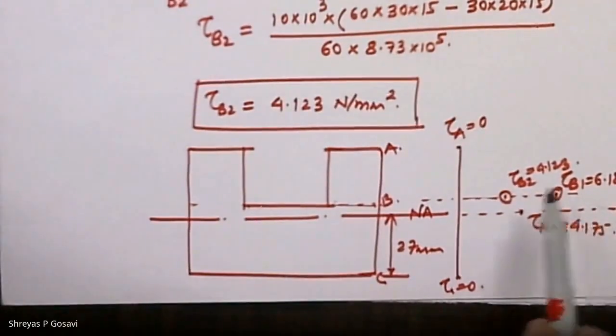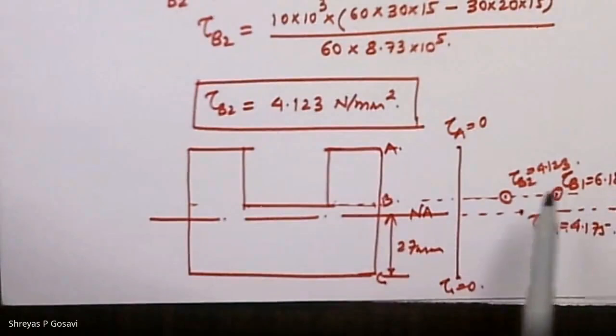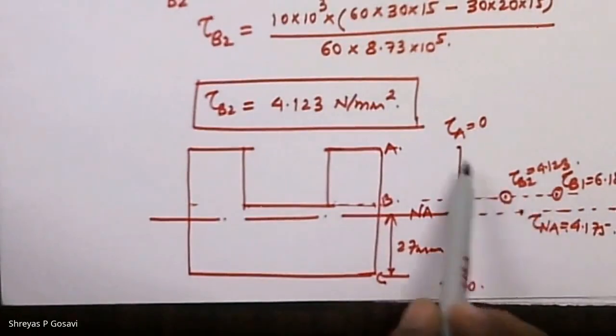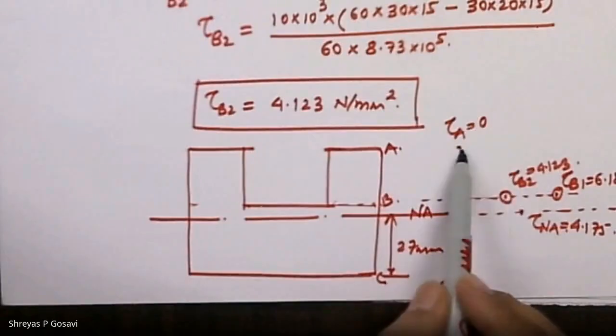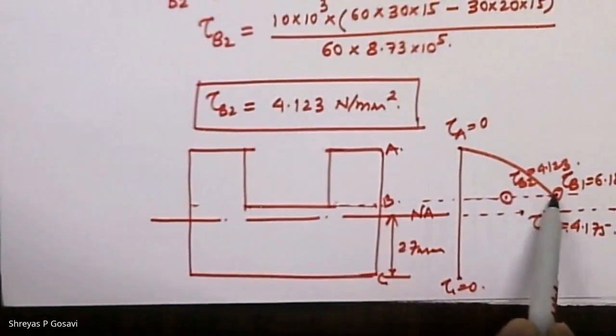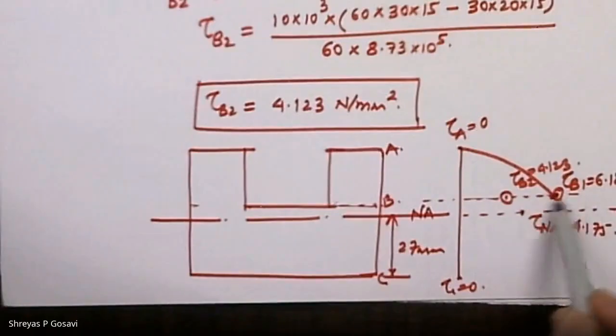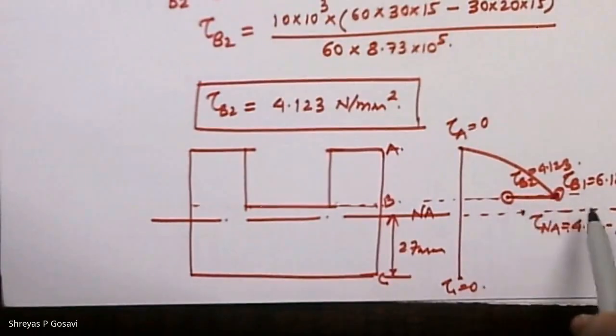Now we know that the nature of the shear stress diagram, or the variation in shear stress, for a rectangular section is a parabolic curve. So we'll connect the points, that is A and B, by a parabolic path. Since A and B1, B2 lie in the same plane, there will be a decrease in the shear stress value.